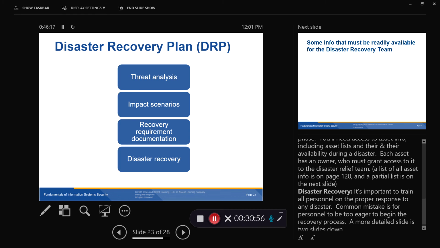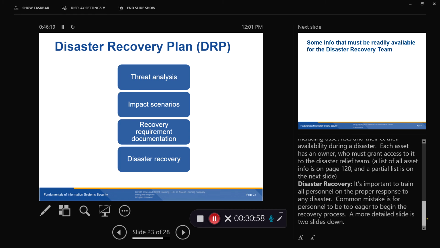A list of all asset information is on page 120, and a partial list is on the next slide. Disaster recovery: it's important to train all personnel on the proper response to any disaster. A common mistake is for personnel to be too eager to begin the recovery process. A more detailed slide on this is 2 slides from this point.